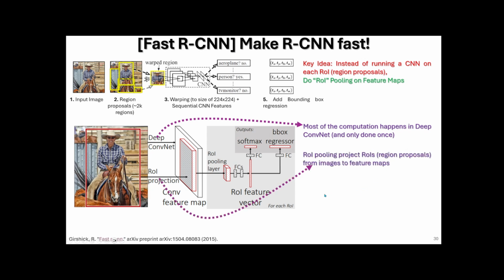Each of these proposals, of course, you still need to map to the feature maps, and that's actually done. Later on you still need to run a small network which predicts the classification and the regression for each of the bounding boxes.